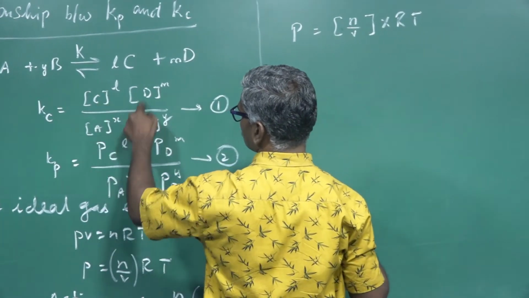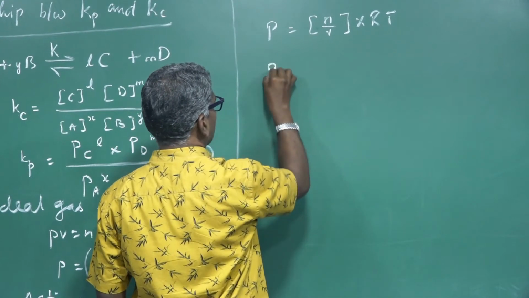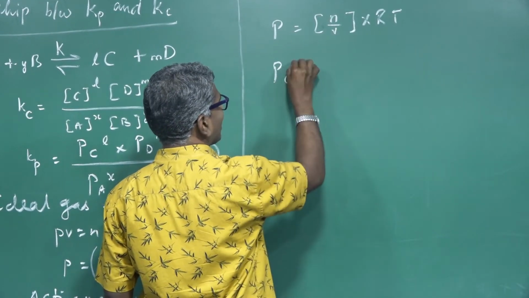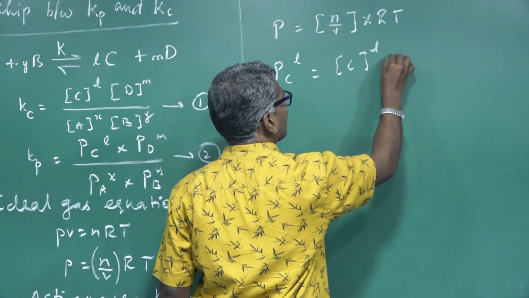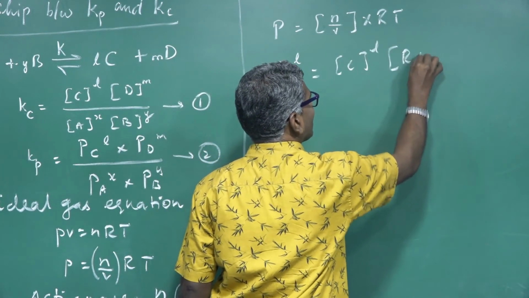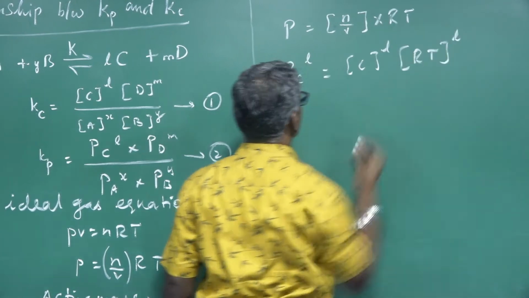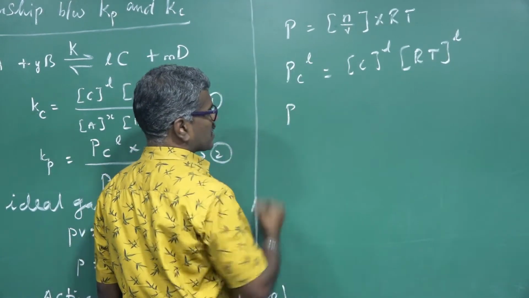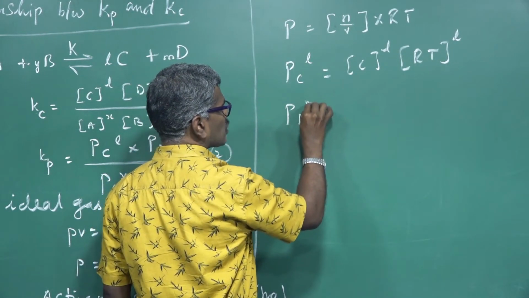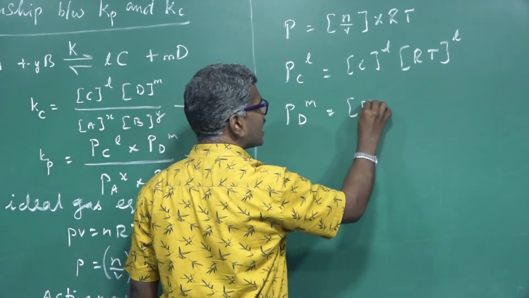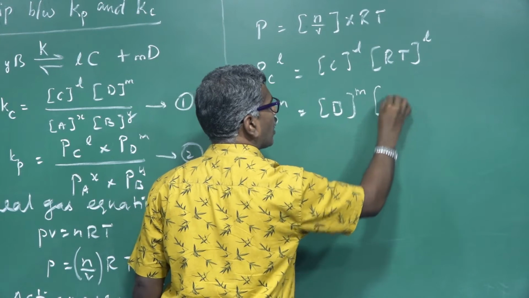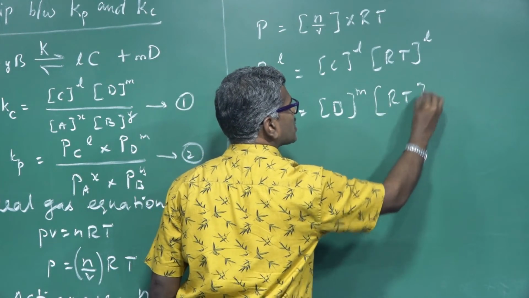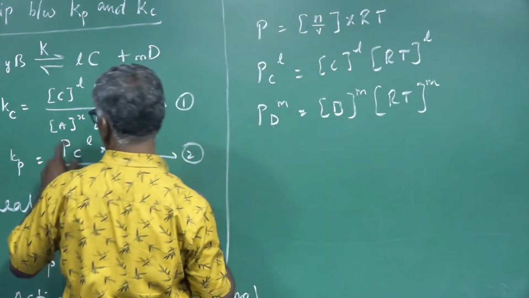Using the concentration terms, the partial pressure of C to the power l is the concentration of C to the power l into RT to the power l. Partial pressure of D to the power m is the concentration of D to the power m into RT to the power m.